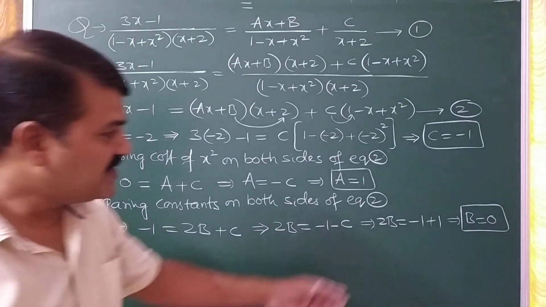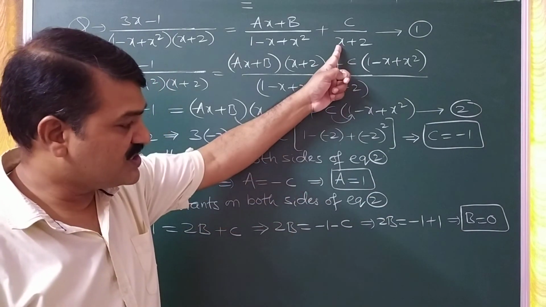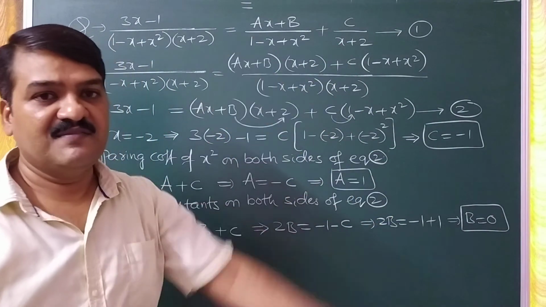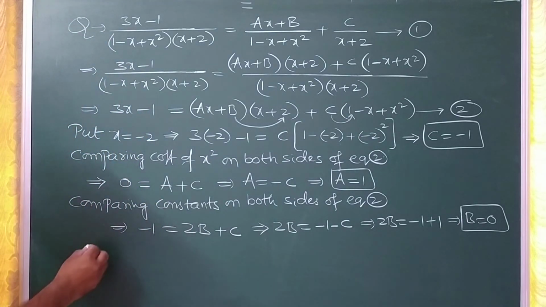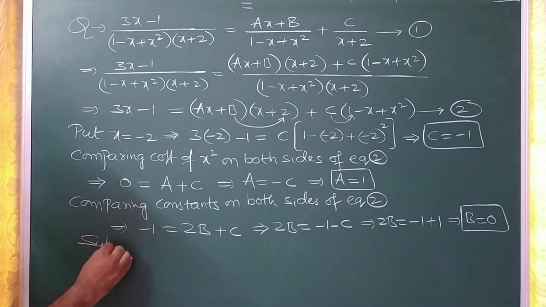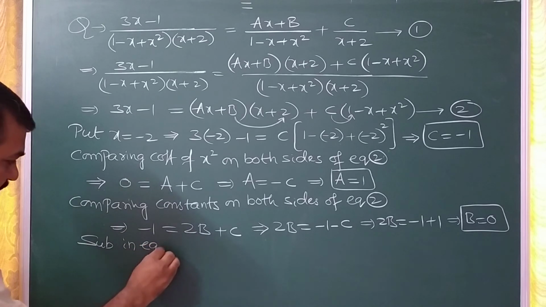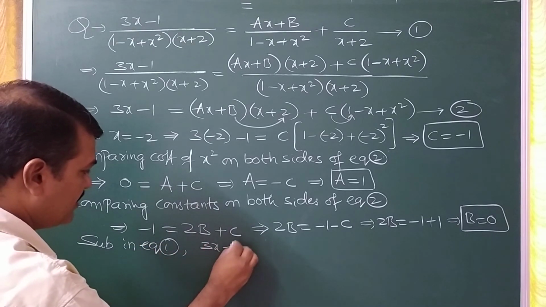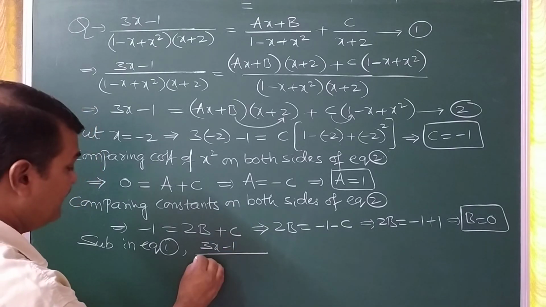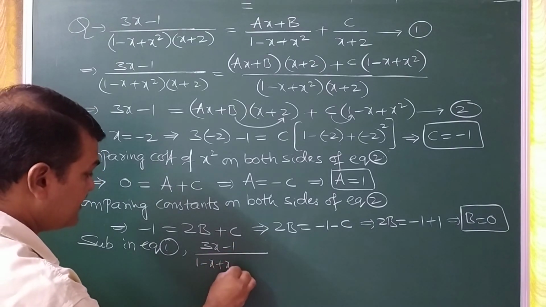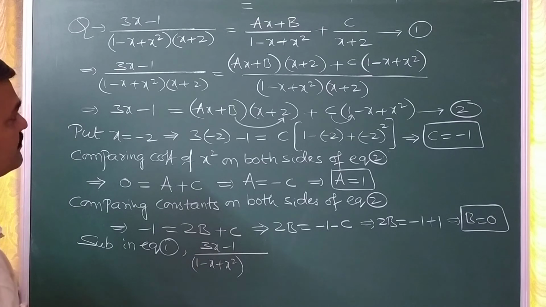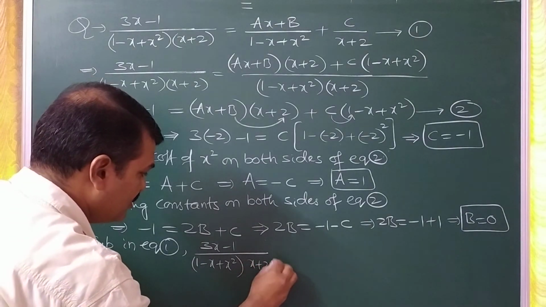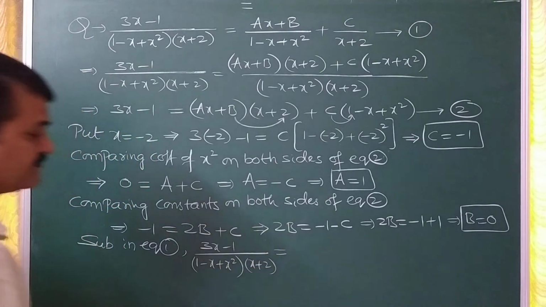Now when you substitute these values in equation 1, those are the partial fractions. So substituting in equation 1, what is our question? 3x minus 1 by 1 minus x plus x square into x plus 2. This is our question.